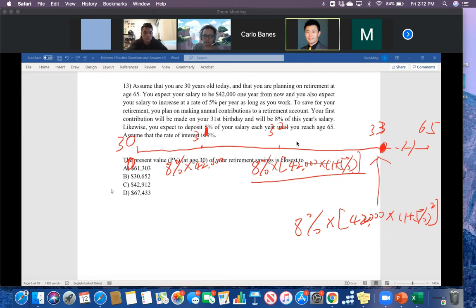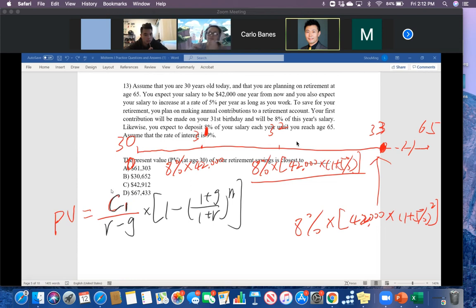The growing annuity present value simply equals our first cash flow, I will use C1 to represent it, divided by the difference between the discount rate and the growth rate, then multiply by 1 minus (1 plus G over 1 plus R) with the power of N. So this is the formula we need to use to calculate the present value of this growing annuity.